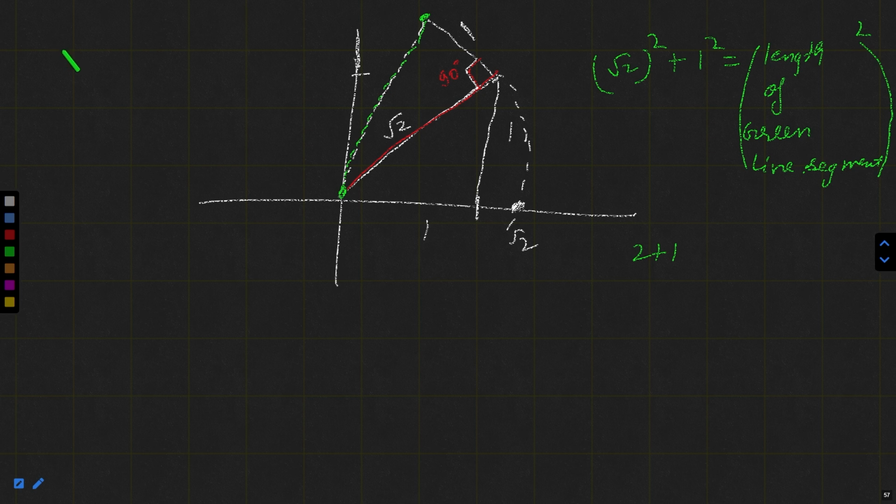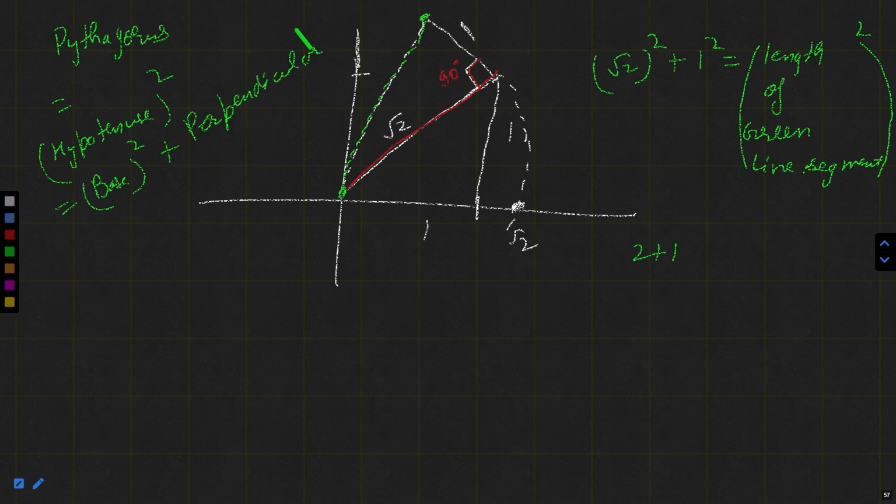The other version of Pythagoras is hypotenuse square is equal to base square plus perpendicular square.